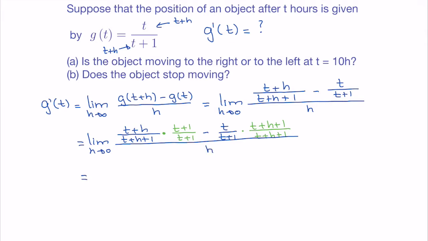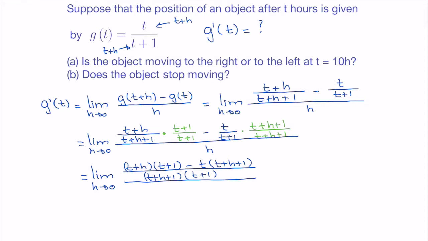And so we get the limit as h approaches 0, and in the numerator we get t plus h times t plus 1 minus t times t plus h plus 1, all over t plus h plus 1 times t plus 1, all over h.